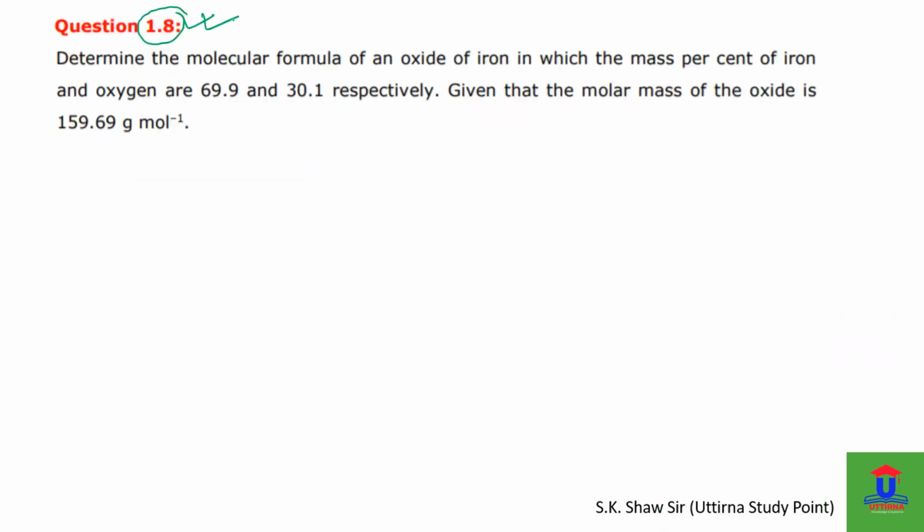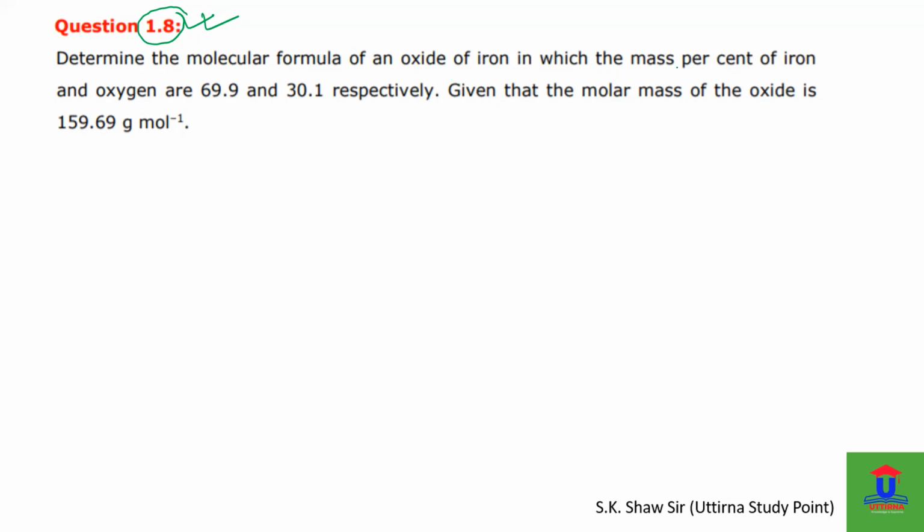We have 8 minutes left in this class, and in the next class we learn about stoichiometry. Why don't you solve this right now? You have just 5 minutes. Go ahead, solve this question. Determine the molecular formula of the oxide of iron. Oh, sorry, it is the same, I think. Yes, same question, a little bit elaborated.